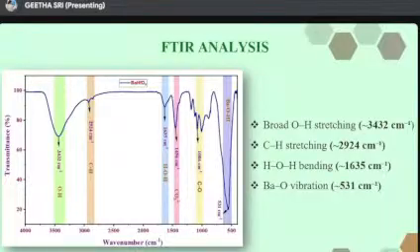The broad band around 3,432 cm⁻¹ corresponds to OH stretching, while the peak at 2,924 cm⁻¹ is due to CH stretching. The band at 1,635 cm⁻¹ represents HOH bending, and the BaO, barium oxide, vibration around 531 cm⁻¹ confirms the formation of barium hafnate.